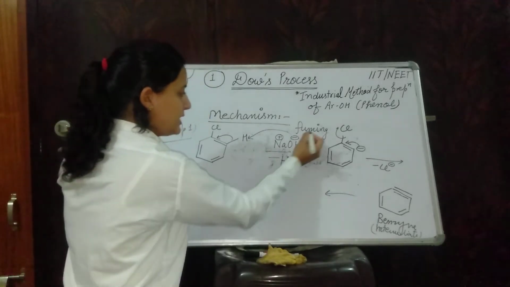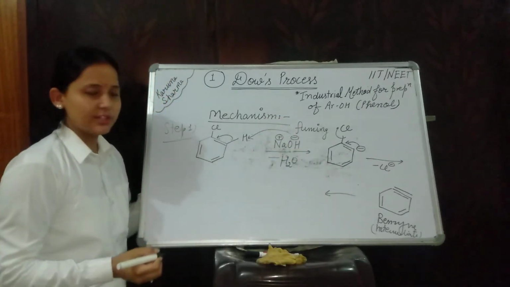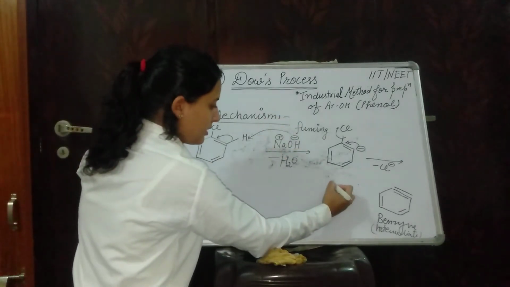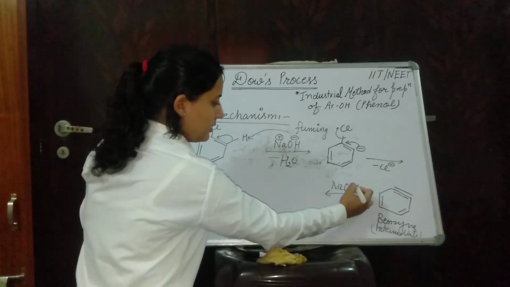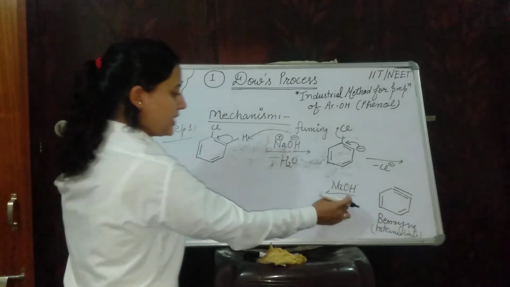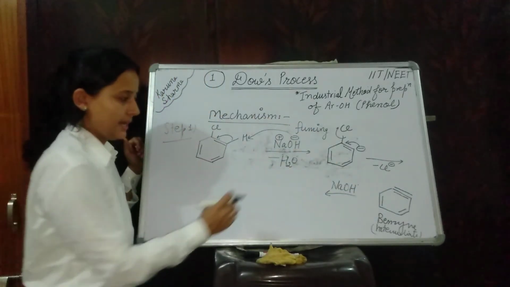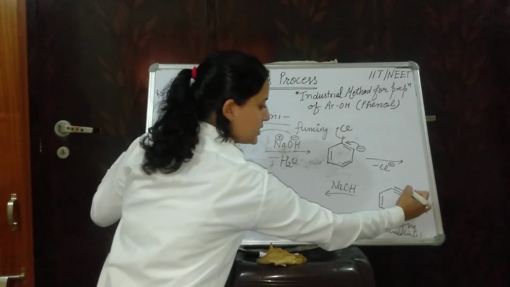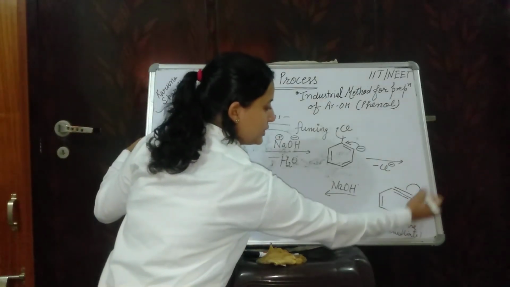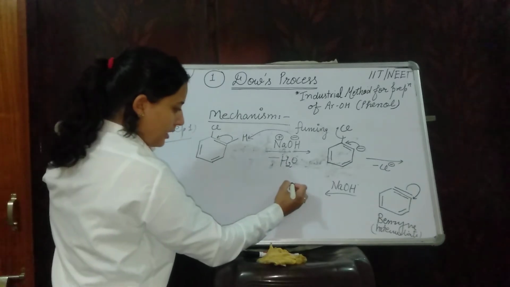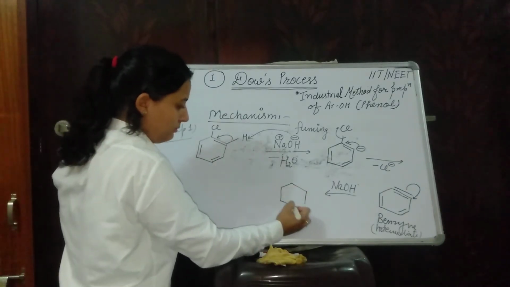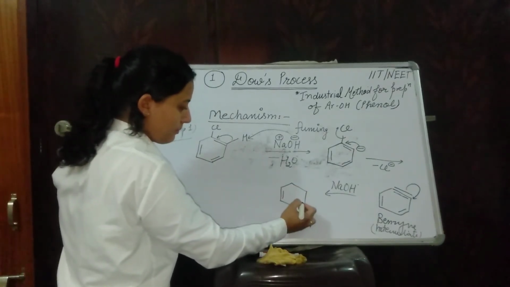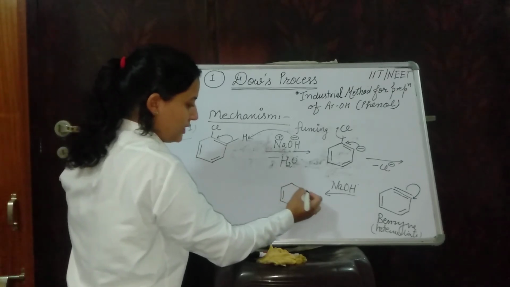Now, as fuming NaOH is taken in the reaction mechanism, we again react this benzyne molecule with sodium hydroxide. It is highly reactive in nature, shifts electron density to the carbon atom and generation of this molecule.